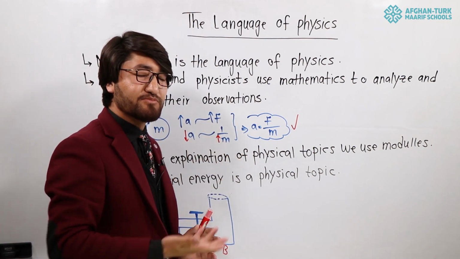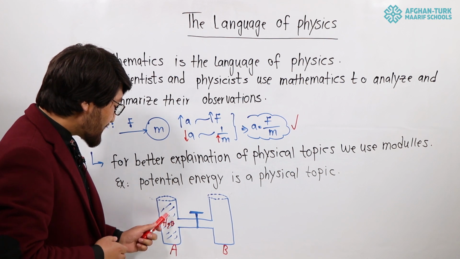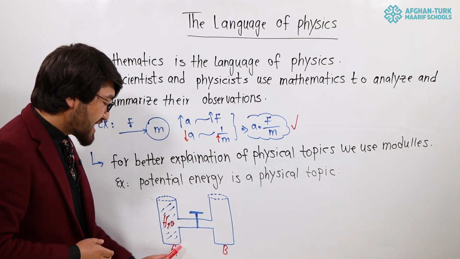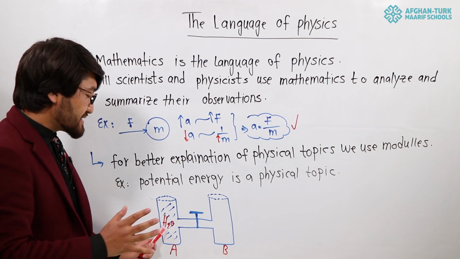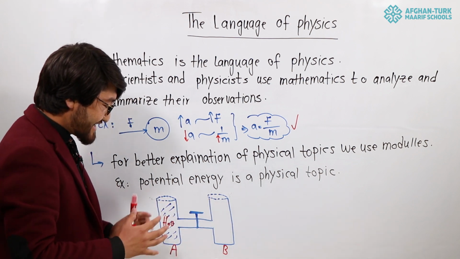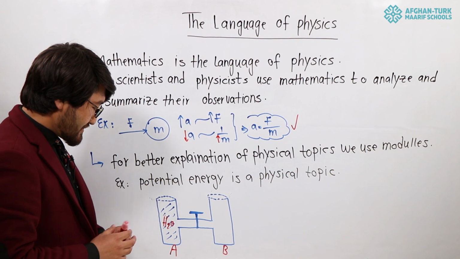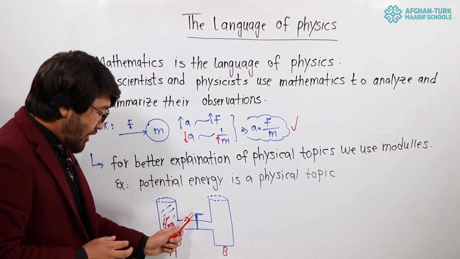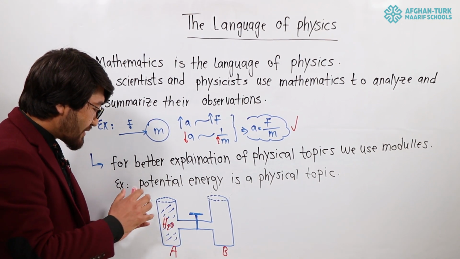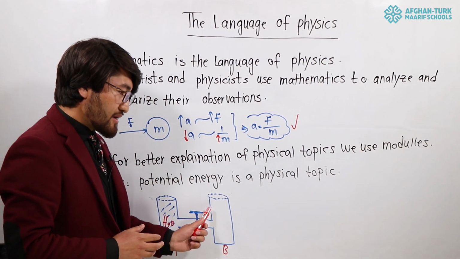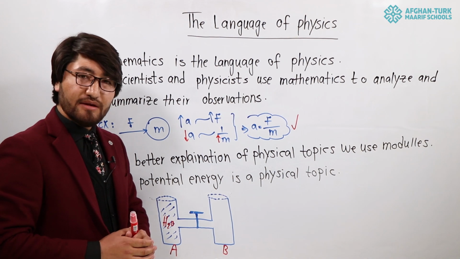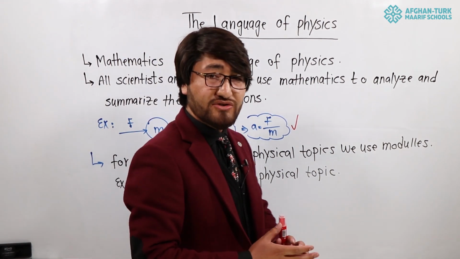Here we have two cylinders, cylinder A and cylinder B. The cylinders are full of water and connected to each other. When I open the tap, some water flows from cylinder A to B. Why? Because of potential energy.